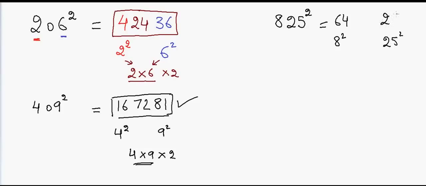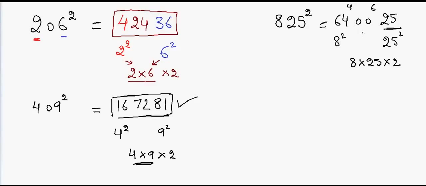So we'll write 25, and then we have to write a 6 here, because we can only use two digits in the end. Now if we multiply 8, 25 and 2, that will be 400. So we can only write two zeros here, and I have to write a 4 here. Why?